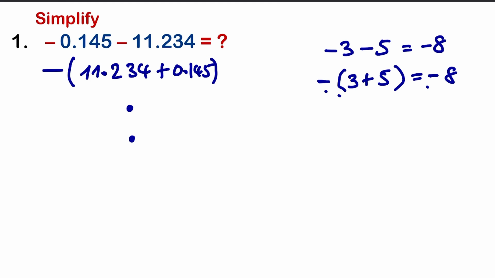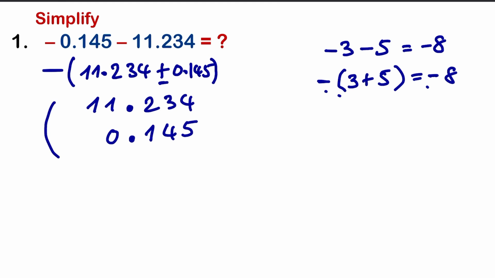So I'm going to have 11.234, and here the same as 0.145. I'm going to add it first. Then we shouldn't forget that we have this minus, we put it here.